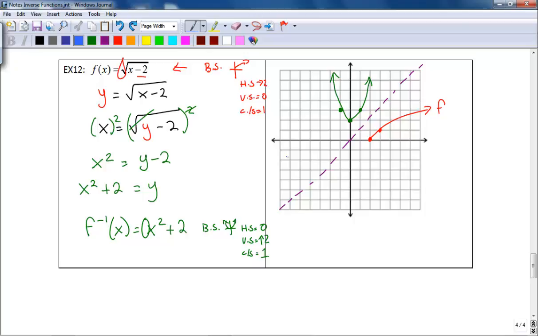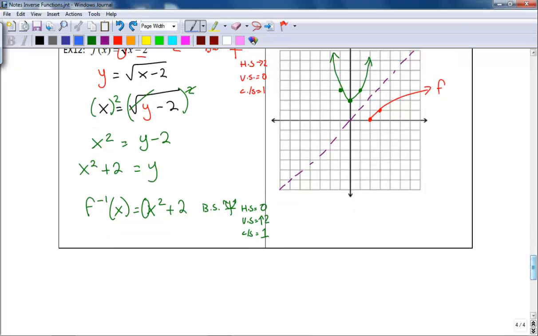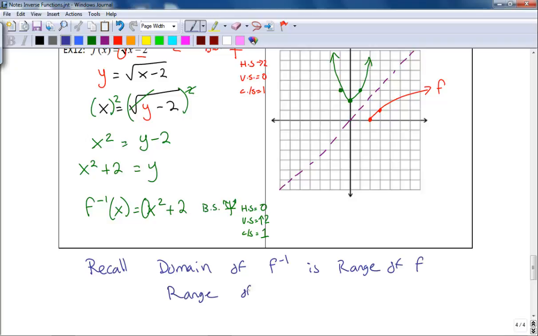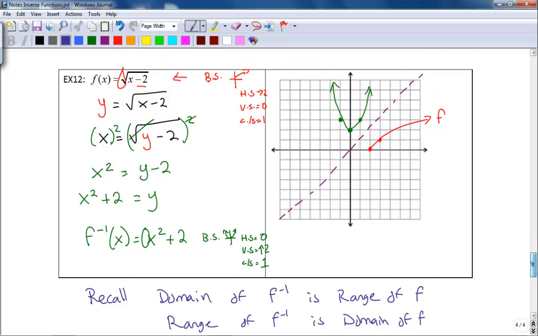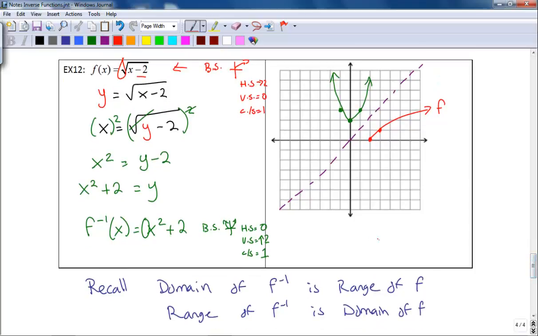The reason for that, recall, is that we said earlier that the domain of f inverse is the range of f, and that the range of the inverse is the domain of f. So let's take a look at this red function f, and let's find its domain and range.